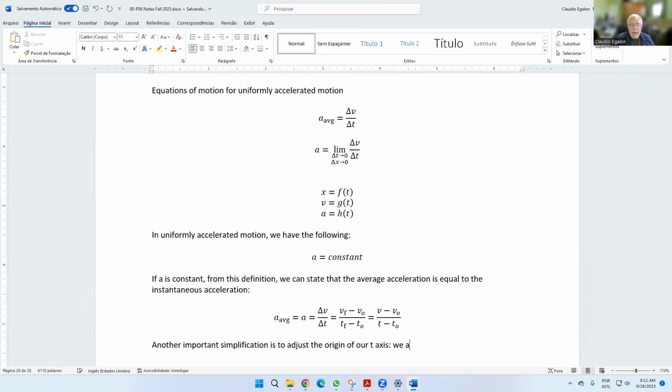We are going to choose the t-axis in such a way that its origin coincides with the initial instant of time t naught.